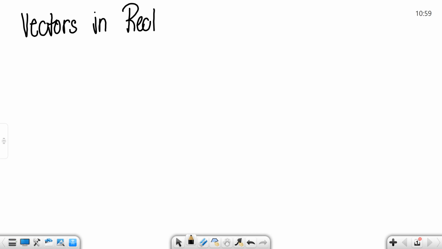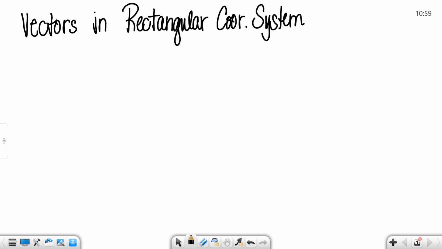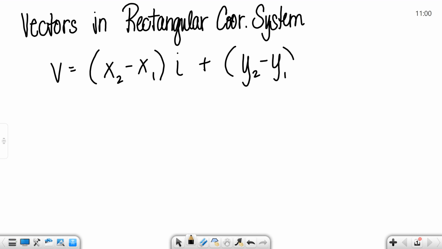All right, now let's talk about vectors in our rectangular coordinate system. So we talked about A and B are the components. Well, let's say that the initial point was not at the origin, and then we would need to know, well, what are my components, A and B? Well, you find your component A by subtracting the x values. You find your component B by subtracting the y values of your initial and your terminal points.